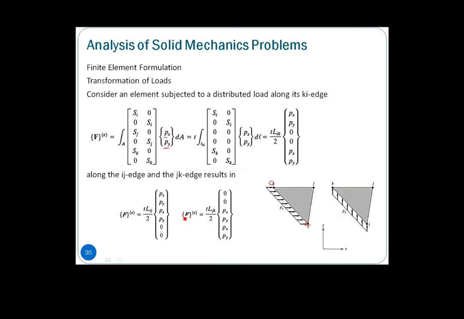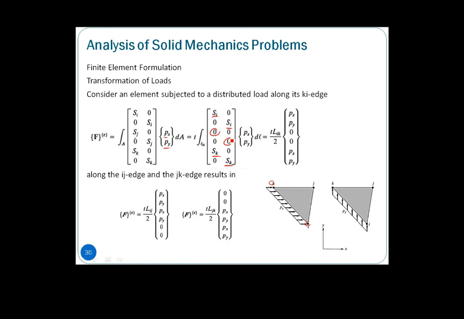Expanding this, as you can see here, along the line between K and I, the shape function J is 0. So this can be simplified in terms of Si and Sk only, and this particular part is 0 in this case.